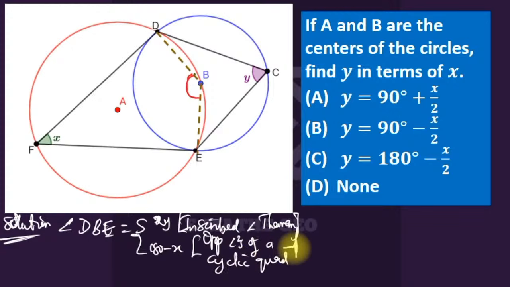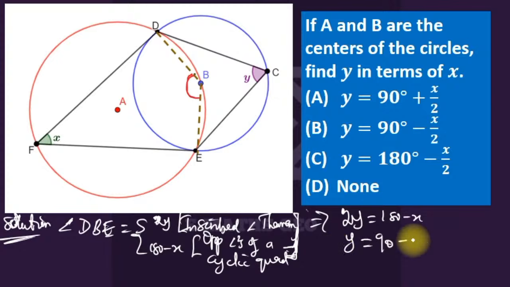So this is the only condition that we can relate x and y. It implies that 2y is equal to 180 minus x. So if we make y the subject of formula, it's 90 minus x over 2. So that's our answer, option B.